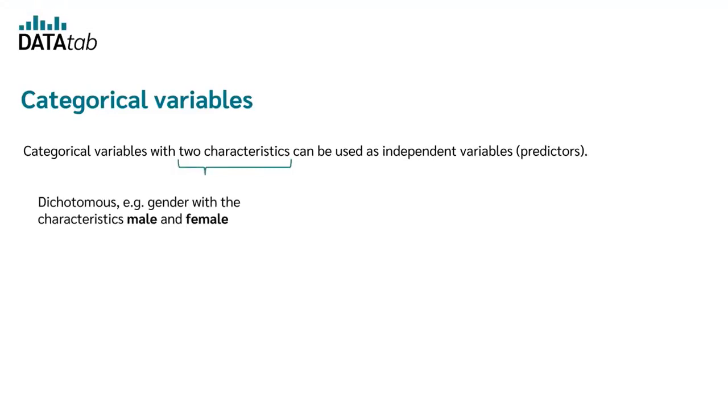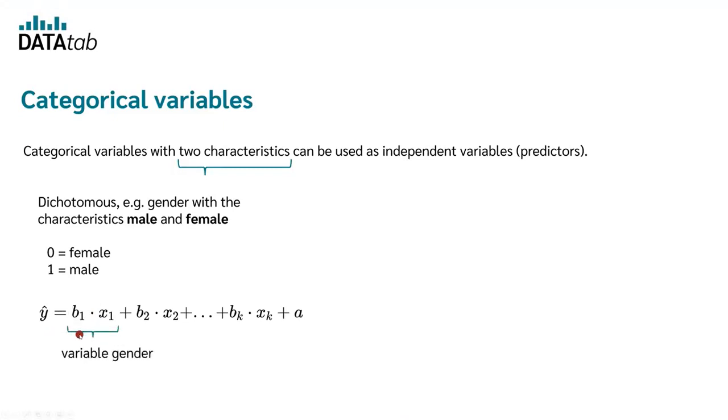An example would be gender with the categories male and female. Let's say you coded female as 0 and male as 1. In this case, female would be the reference category. If we now look at the regression equation and say the variable x1 is gender, then b1 is the regression coefficient for gender.